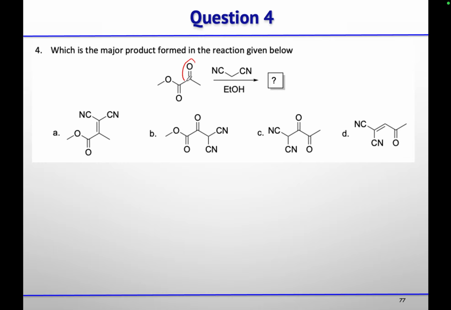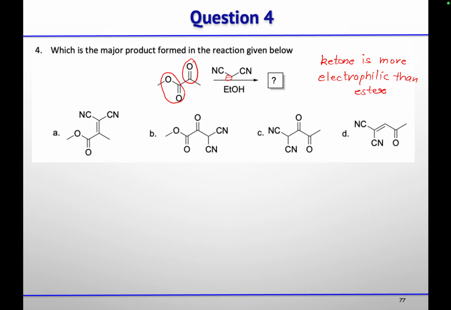If you have a ketone and an ester, there are two functional groups, and we know that ketone is more reactive than ester as it is more electrophilic than ester. So when this anion will generate, it will react with your ketone and not with the ester.